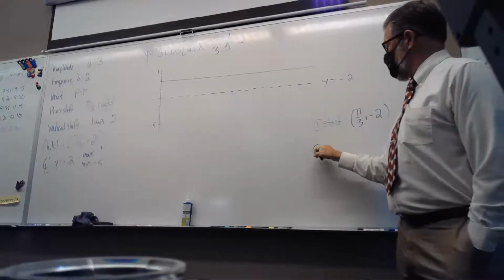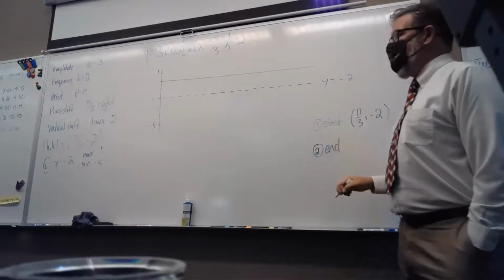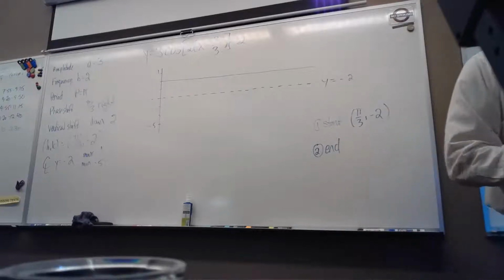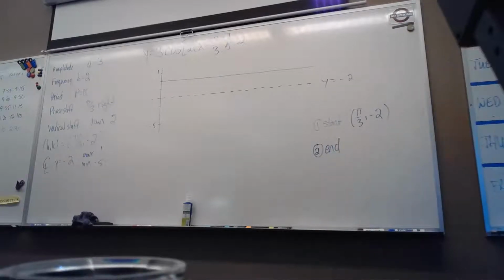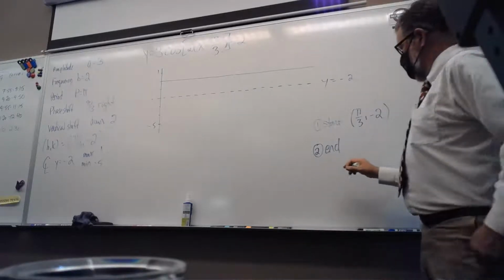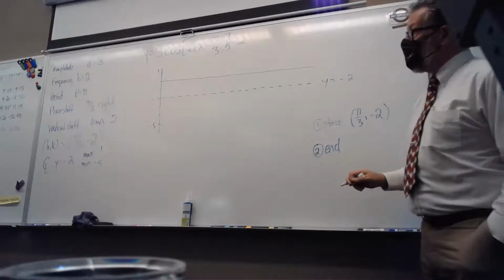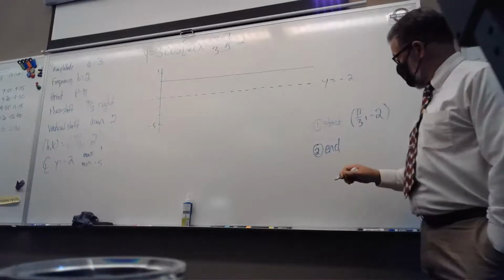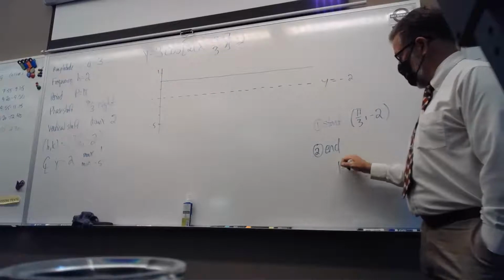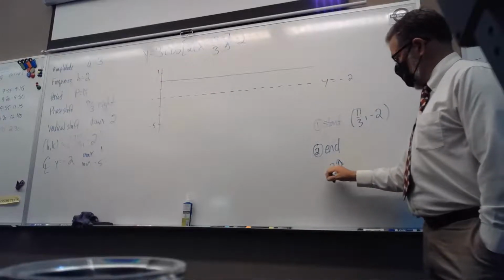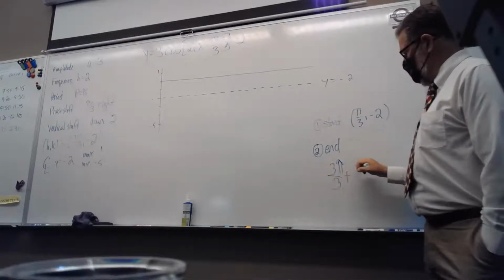Because the next question is, where do I end? Nate, where do I end? You would end at 4 pi/3. How do you know? Because it is the period, which is just pi, which is 3 pi/3, plus pi/3.